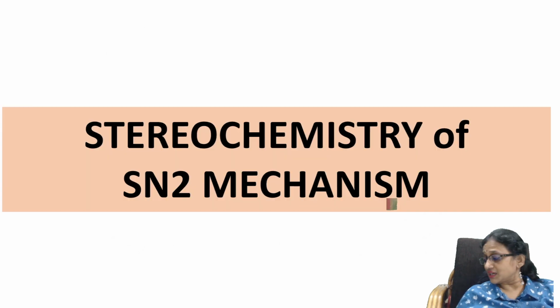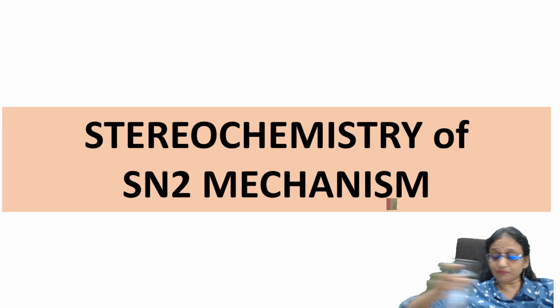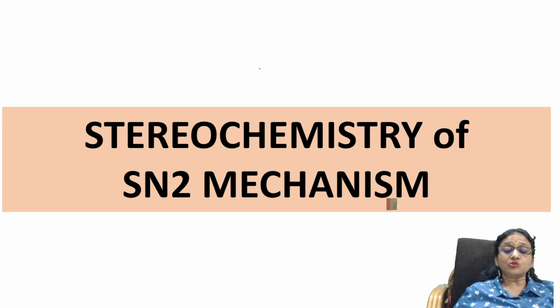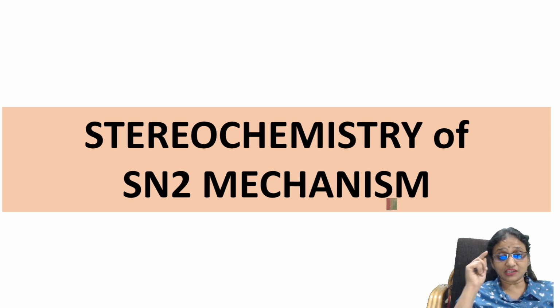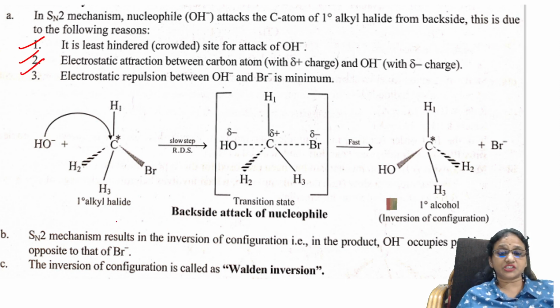Stereochemistry of SN2 mechanism. Now let us start with the SN2 mechanism and SN1. Basically, there are two types of mechanisms we have to study in haloalkanes. SN2 mechanism is one, along with the stereochemistry. Whenever I talk about SN2 mechanism, you need to remember three different steps.